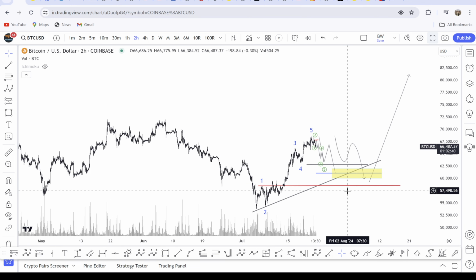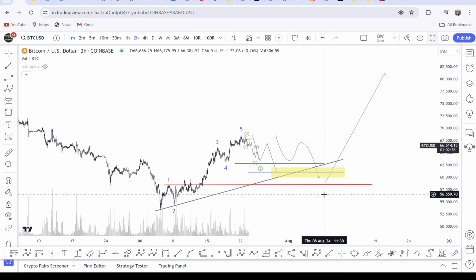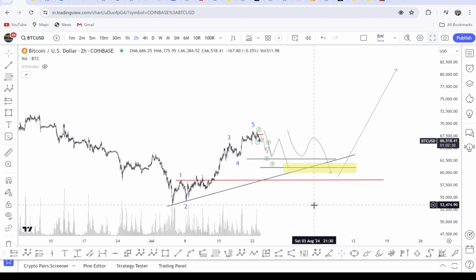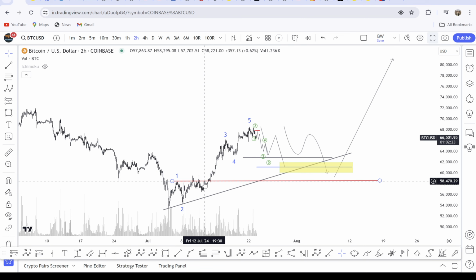Hope you understand what I'm trying to show you, and keep your methodology and risk reward, and more important is execution. So what is the roadmap here? Our SL is below 58,500.